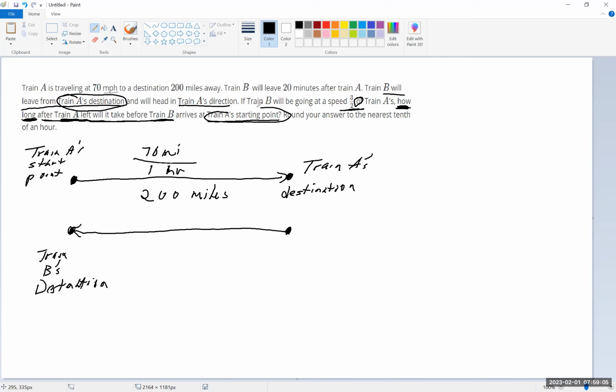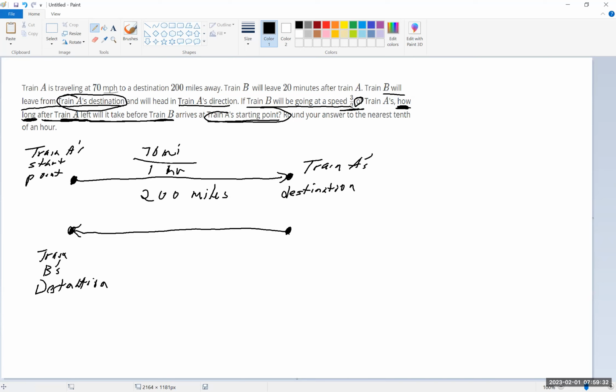Okay, and now train B will be going at 3/2 of train A. So this is already getting into the next step, I would say.